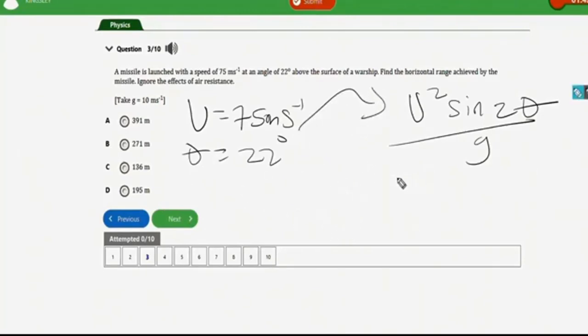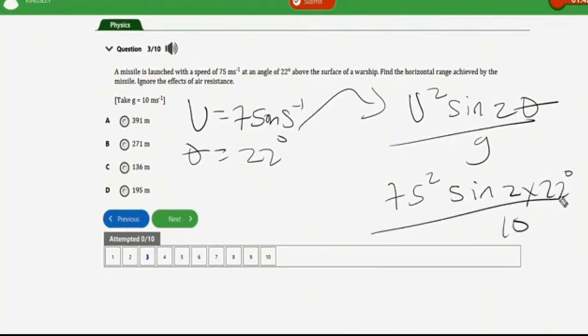So we're going to have 75 squared, sine 2 times 22 degrees, over 10. This is 10. Now let's break this down. This is 75 squared sine 44 degrees over 10.